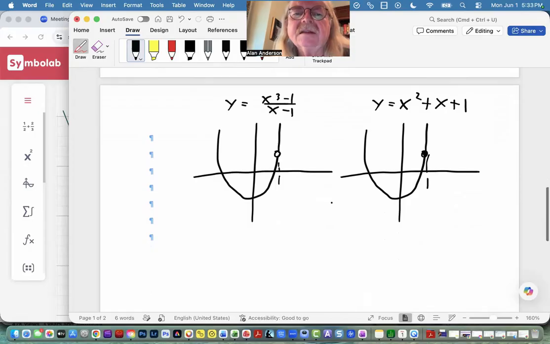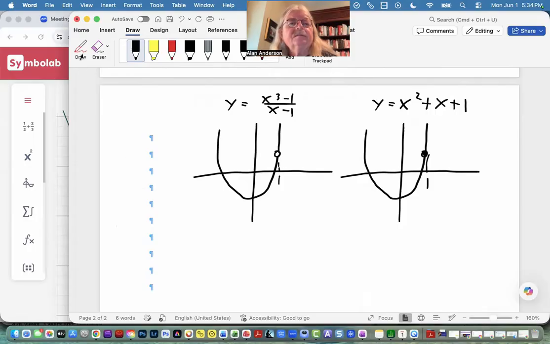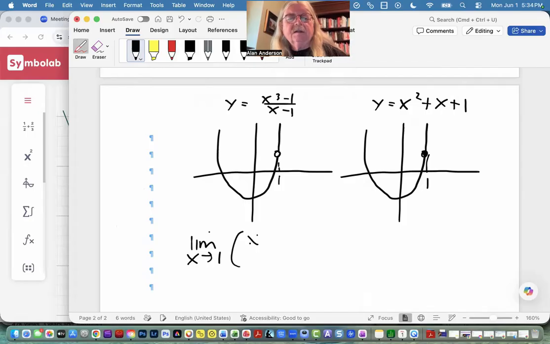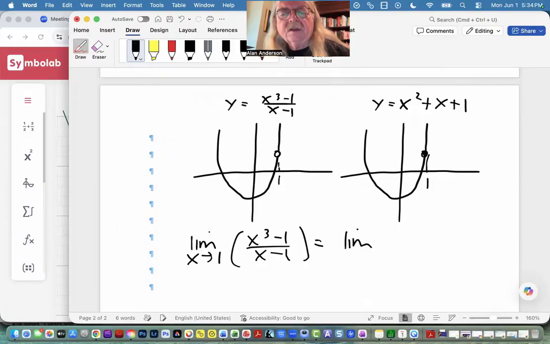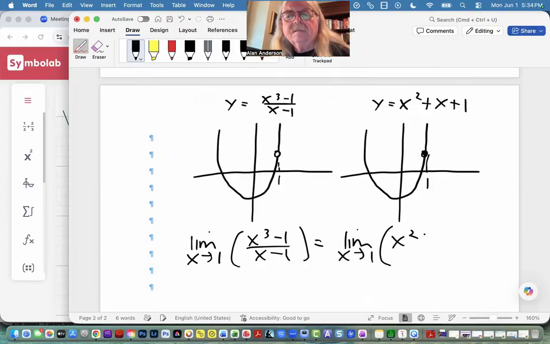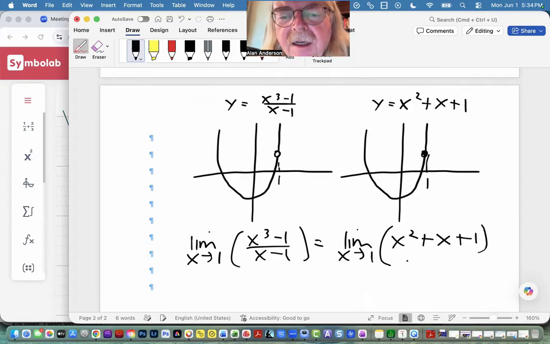So what this means is that the bottom line, after all the dust settles, is that the limit as x approaches 1 equals the limit at that point.